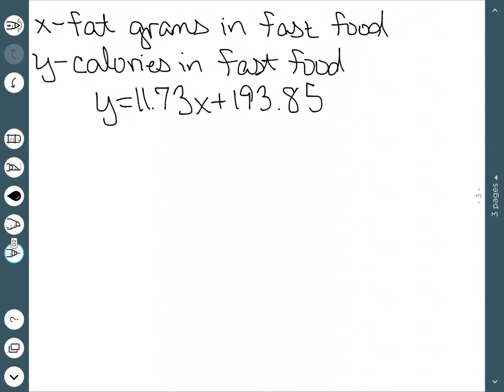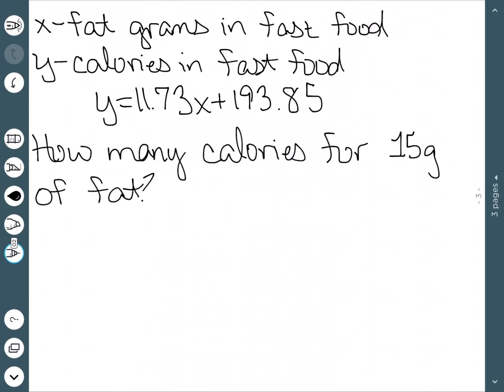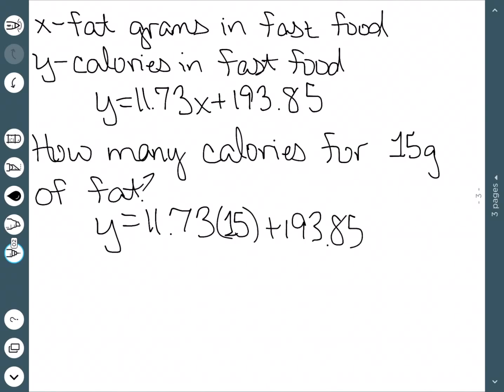So now that we have this line, what's the point? Why do we want this line? Let's suppose we know a food has 15 grams of fat and we want to know the number of calories. Well, we can figure that out using this regression line. I know x is our grams of fat, and in this case I know that that is 15. So I can just stick that value in for x.